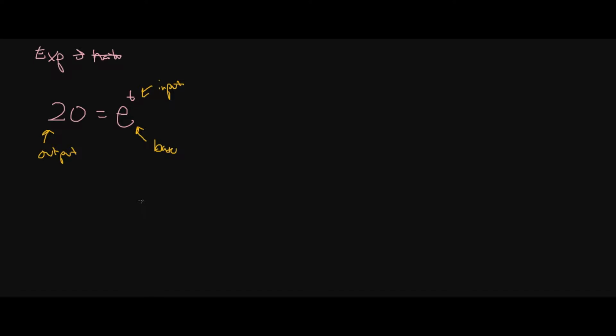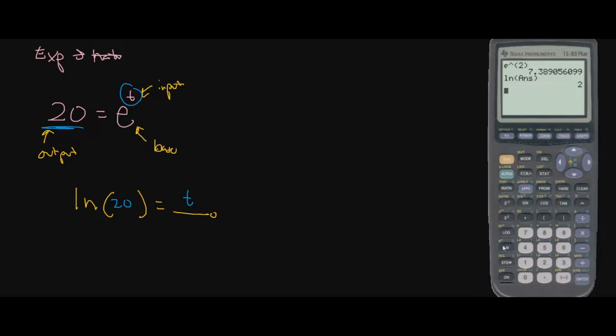I can use its own special inverse, which is natural log. So just write ln parentheses is equal to blank, and we proceed like we've always done because they're inverses. This is your output that now becomes your input, and this is your input that now becomes your output. So if I go to my calculator and type ln of 20, we're literally going to get our answer.